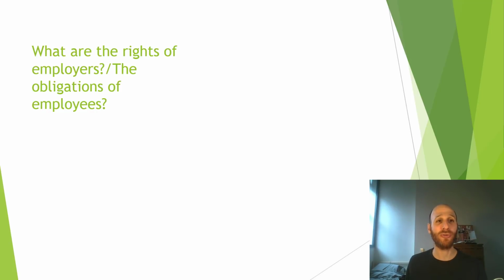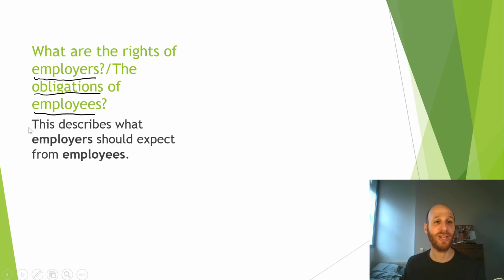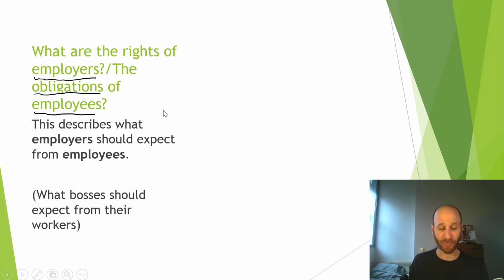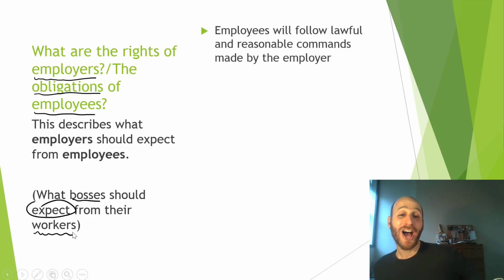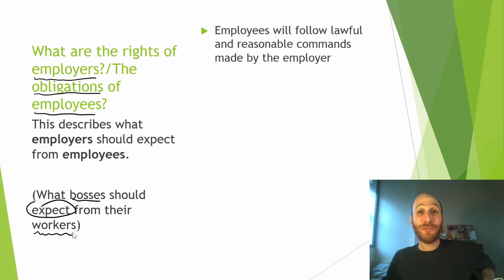Here we're looking at what are the rights of employers, what are the rights of bosses, and what are the responsibilities of employees. Put it simply, what employers should expect from their workers. Even more simply, what should bosses expect from their workers? Okay, bosses should expect that their workers will follow lawful and reasonable commands.